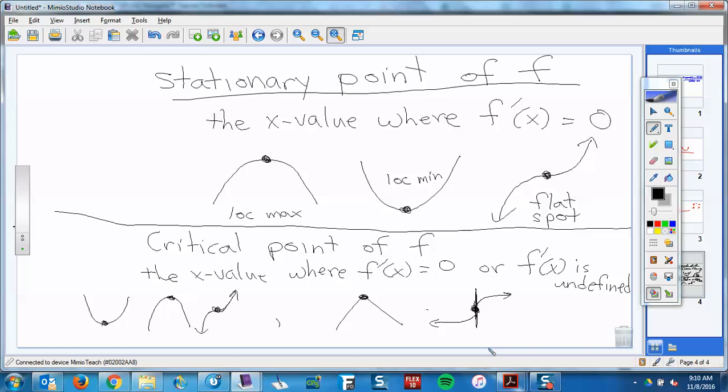All right, let's see. We talked about local max and global max the other day, so I'm going to skip over that. We're talking about what f prime tells us about f, stationary and critical points.